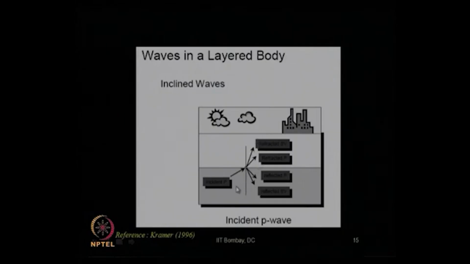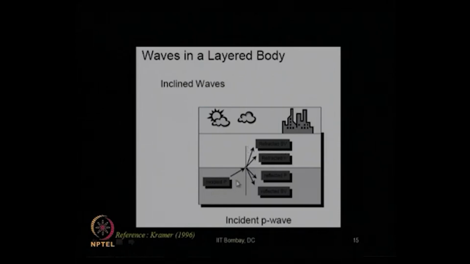So, what are the possible formations of other waves? An incident P wave will generate a reflected P wave and a transmitted P wave, of course, but in addition to that they also generate a reflected SV wave and a refracted or transmitted SV wave.